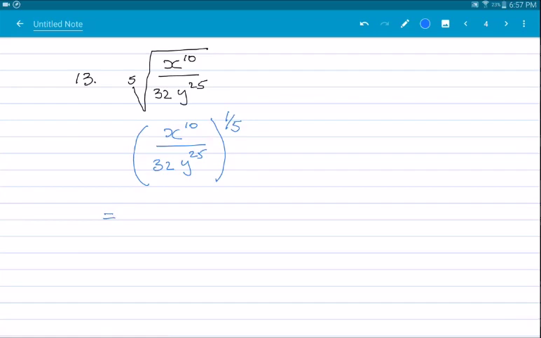It means x to the 10 on 5 divided by 32 to the fifth power, y to the 25 on 5. That's x squared divided. Now the fifth root of 32 is 2, and 25 divided by 5 is 5, so y to the fifth power.